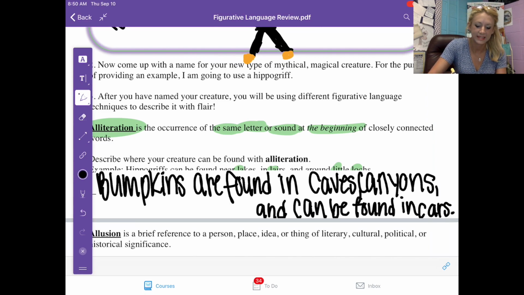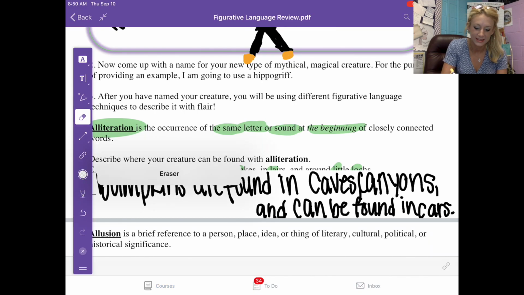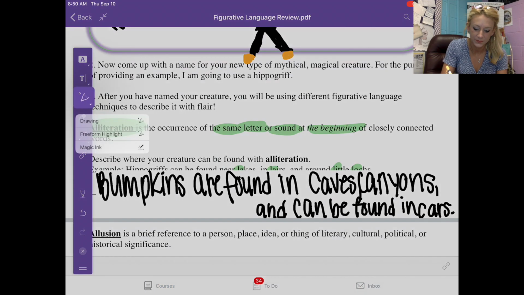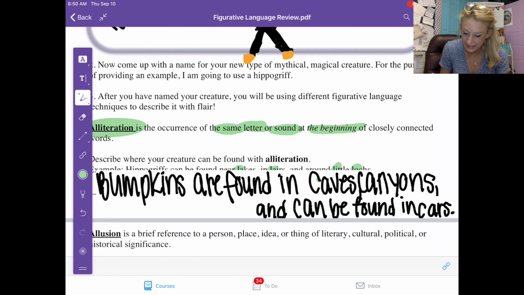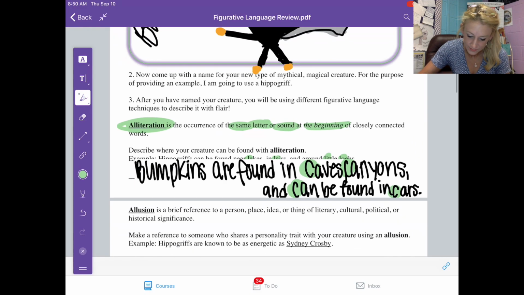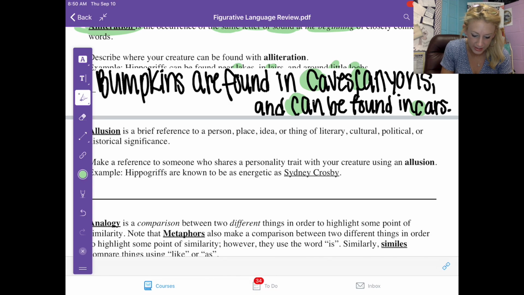Okay, they can be silly. It doesn't have to be super serious, but we are using the same letter at the beginning of closely related words.